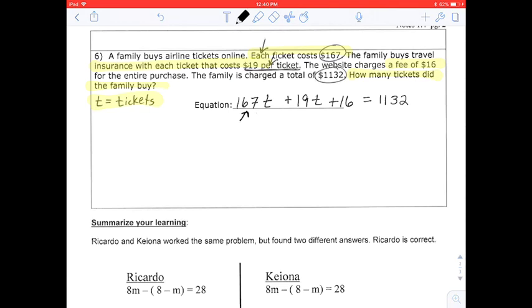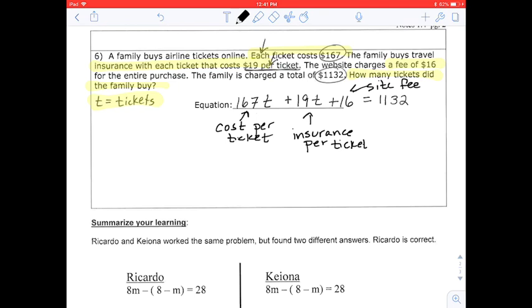So what I'm seeing here is this is the cost per ticket. I'm seeing the insurance per ticket. And I'm seeing the site fee.